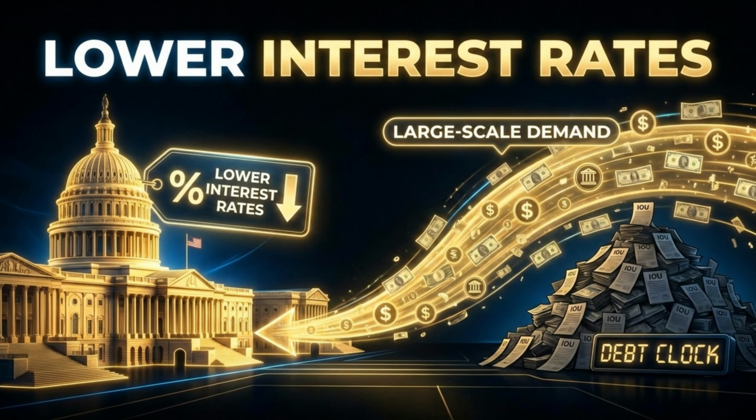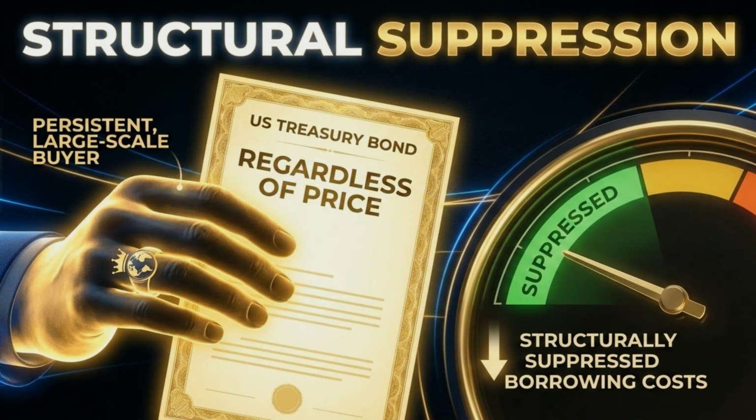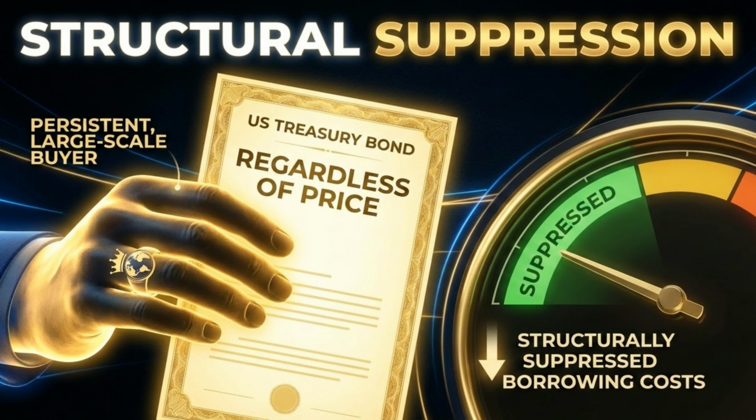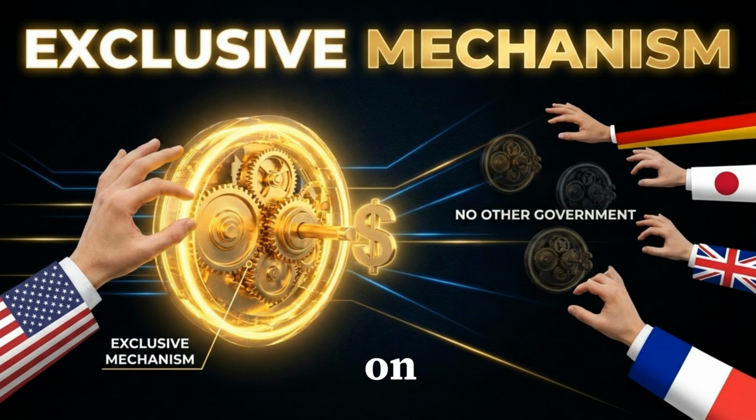The result of this constant, large-scale demand for U.S. Treasuries from foreign central banks and sovereign wealth funds is that the U.S. government can borrow money at lower interest rates than would otherwise be warranted by the scale of its debt obligations. When there is a persistent, large-scale buyer for your bonds, regardless of the price, your borrowing costs are structurally suppressed. No other government on Earth has access to this mechanism.